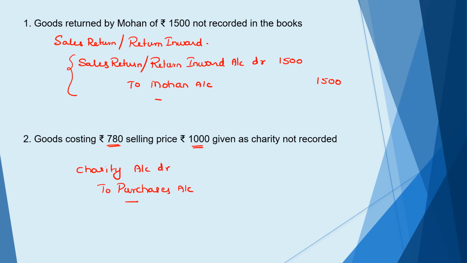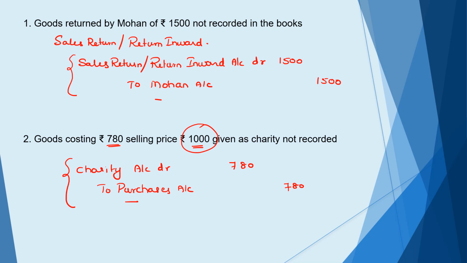But now, because you've given them away as charity, that much worth of goods is not available there anymore. So you have to reduce the purchase account by the cost which is included in it. That is why we would pass the entry of charity account debit to purchase account of 780. You're going to ignore the selling price because what is included in the purchases is the cost of the goods purchased. Selling price is irrelevant in this case. So this is how you will pass this particular entry in the journal proper to rectify such an error.